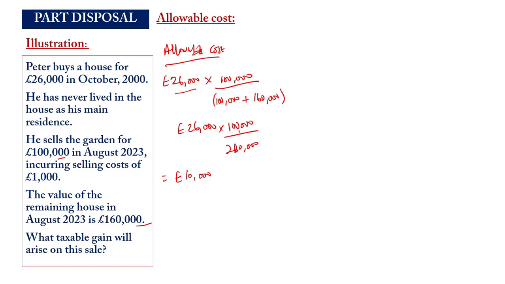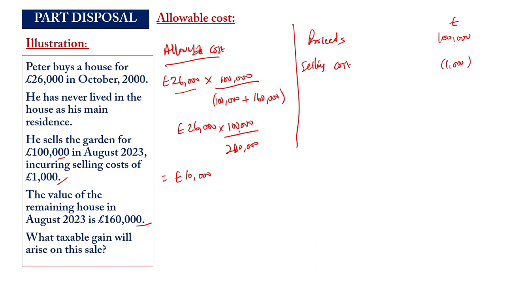So if you're supposed to calculate the taxable gain for the garden, the one being sold off, the proceeds being received is the £100,000. We are being told that he's going to incur £1,000 for selling, so selling cost will be the £1,000.